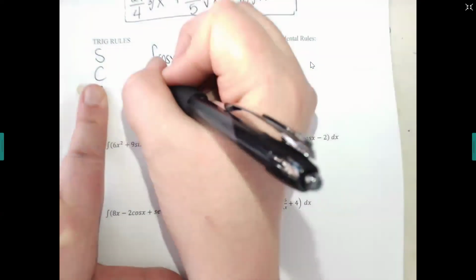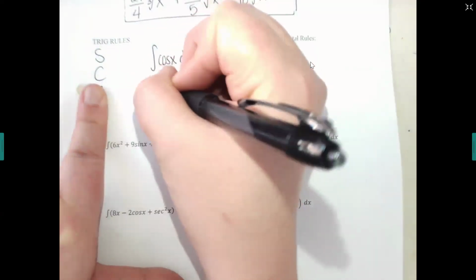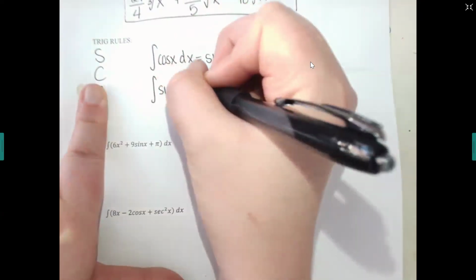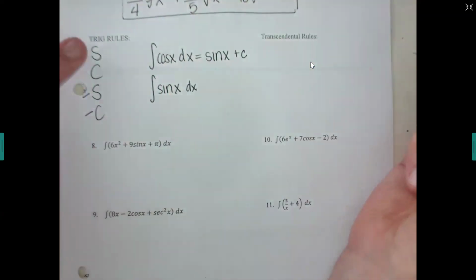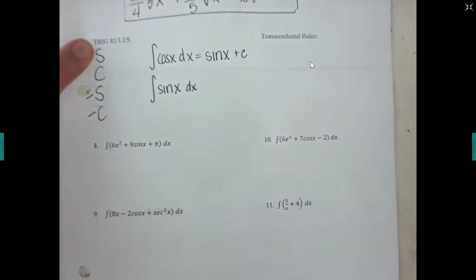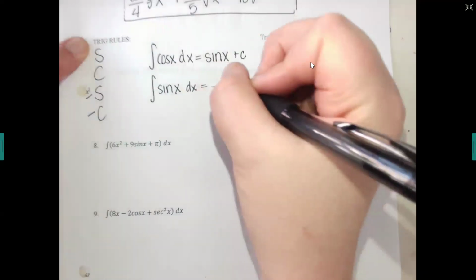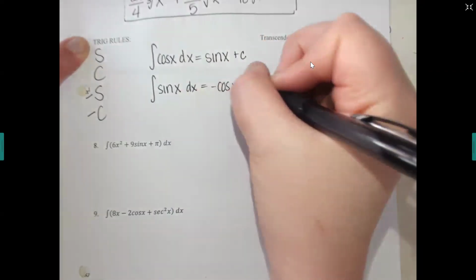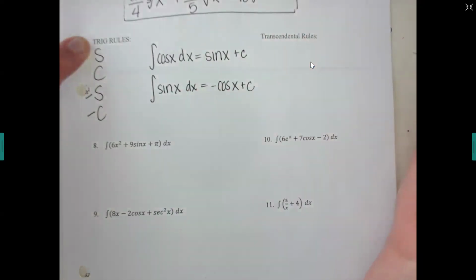Let's say that I want the integral of sine x. And I'm already at the very top of the list, then where do I loop back to if I want to go up? Back around to the bottom, which would be negative cosine x. Okay, does anyone happen to remember the derivative of tangent?